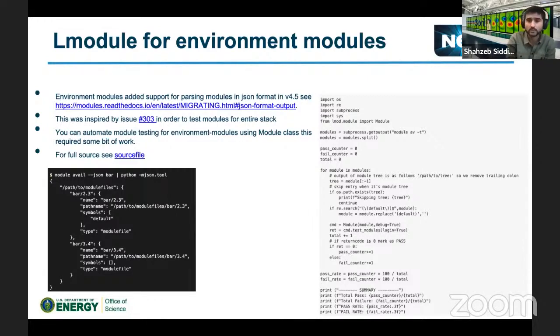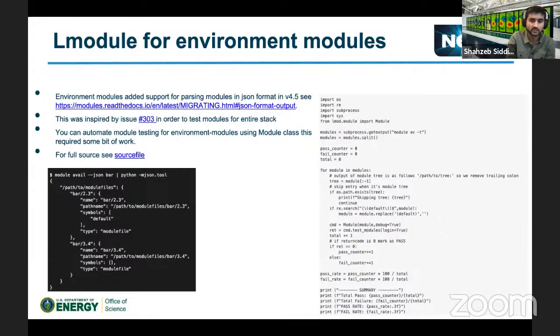I forgot a little bit of code, but the idea is we take the output of module avail and use -t to get a list output that is abbreviated, and then we parse each entry, and we use the module class to loop over them and test them.